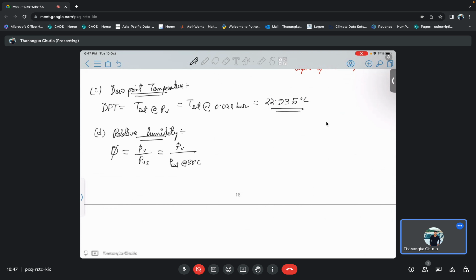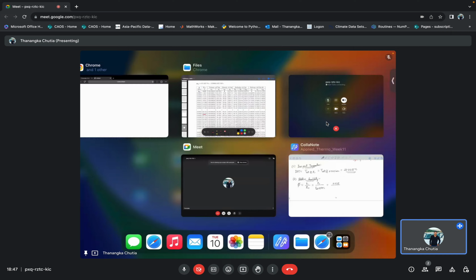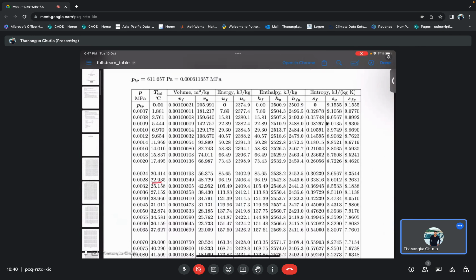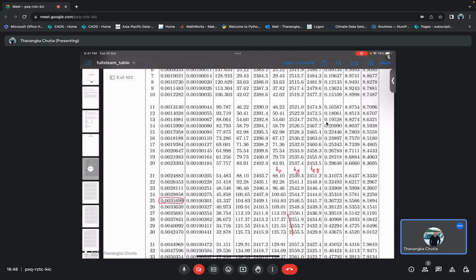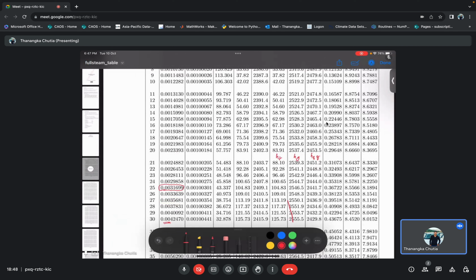So this is your 0.028, and at 30 degrees Celsius this is basically your 0.00424.